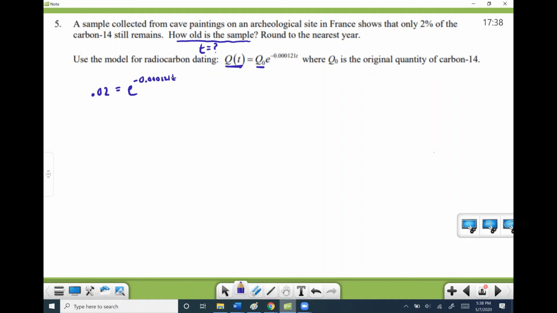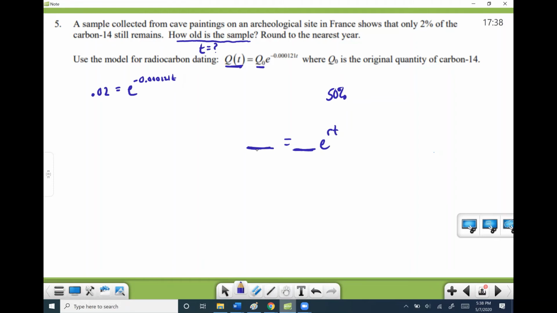So let's say you didn't know how much of carbon-14 remained, but you knew that 50% was left, right? So you don't know the original amount, and you don't know how much you had in the end. Somebody just told you it was 50%.